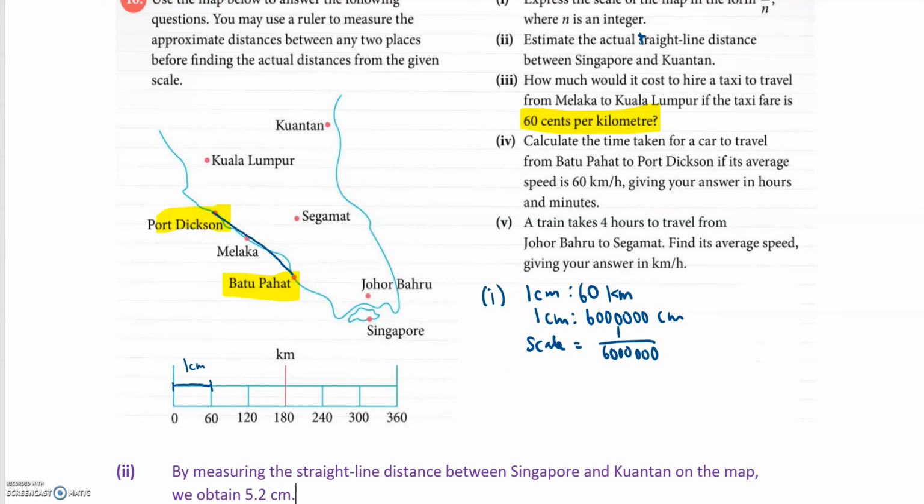I can also choose to say that it travels along the coast, so you can estimate the distance along the coast, if you feel that drawing a straight line means traveling on water instead of by car. Then use that distance to calculate the time, given the average speed of the car is 60 kilometers per hour. You can do that using DST.